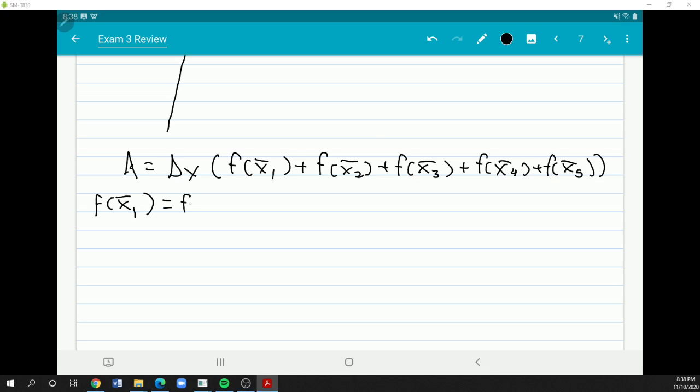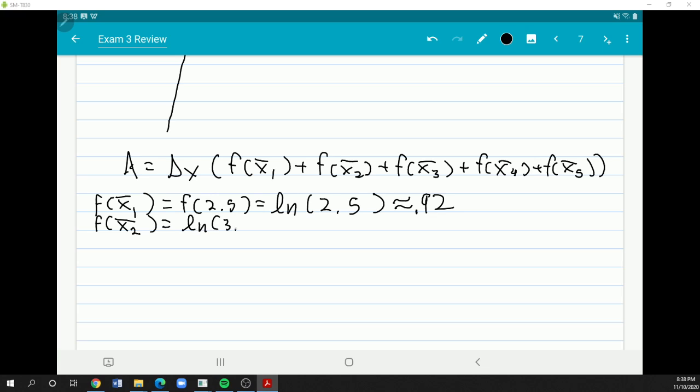So f of x1 bar is equal to f of 2.5 is log of 2.5. And this is going to be just a little bit less than 1. 0.92. F of x2 bar is log of 3.5, which is going to be roughly 1.25. F of x3 bar is equal to log 4.5.